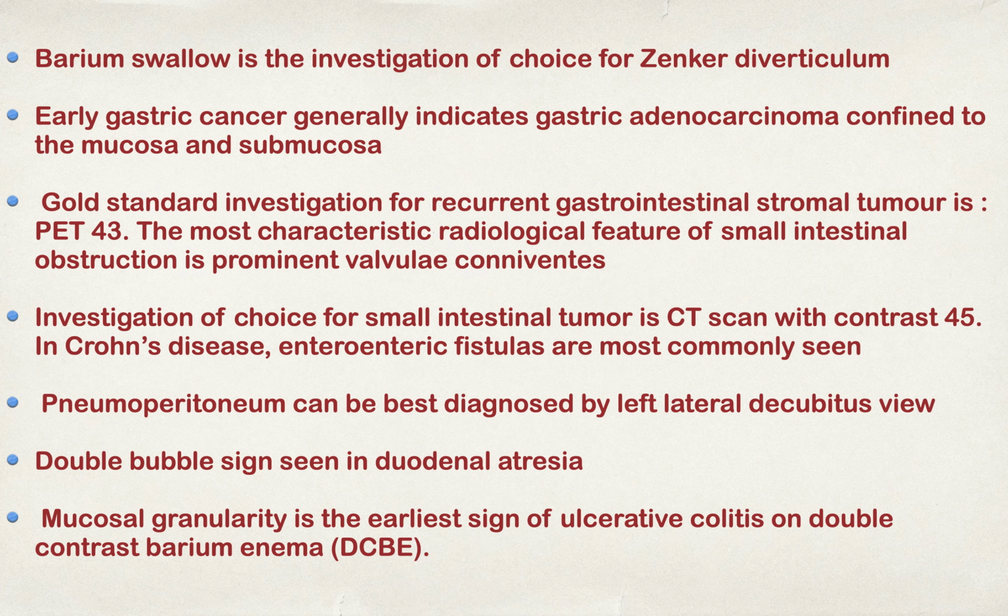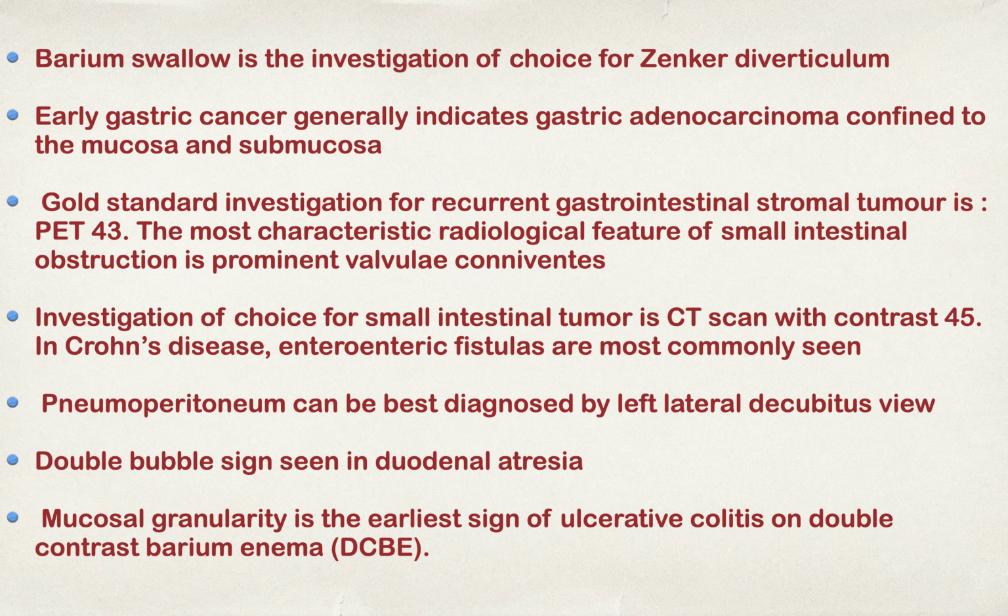Now, investigation of choice for small intestinal tumor is CT scan with contrast. So, for small intestinal obstruction, the radiological feature is prominent valvulae conniventes, and investigation of choice for small intestinal tumor is CT scan with contrast. So don't confuse them. It is tumor, and it is obstruction.